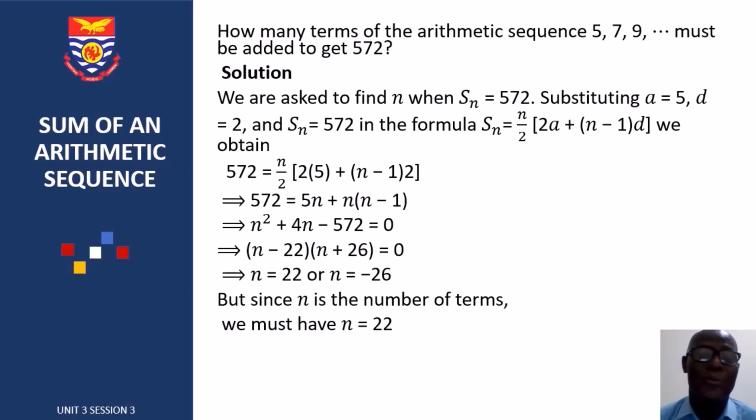Now, we have n to be 22 or negative 26. But we know the number of terms cannot be negative. Hence, we ignore the negative 26 and have n to be 22, meaning the number of terms that are added to obtain 572 are 22 terms.